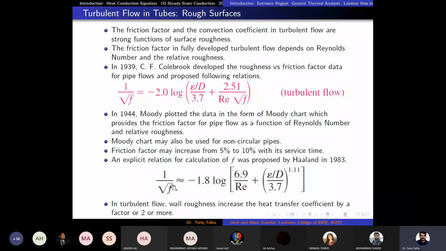Now you can easily see that the friction factor appears only on the left hand side. There is no friction factor term on the right hand side as it was in the first relation. Whenever I teach the course, I usually tell my students to use the explicit relation, because whenever we use the Moody chart graph, that comes with visual error, since the plot is on a logarithmic scale, so it doesn't tell us the exact value.